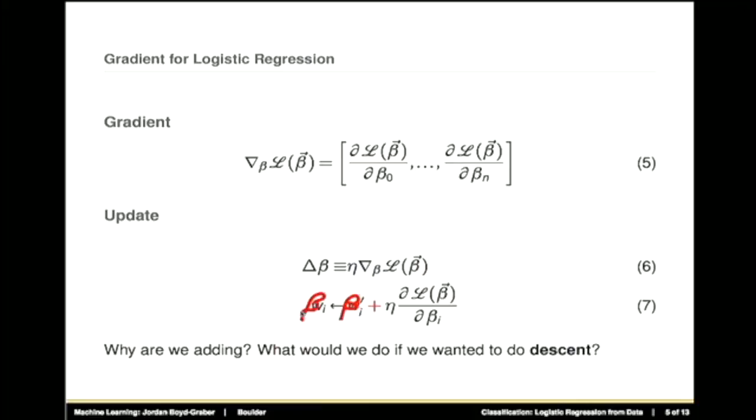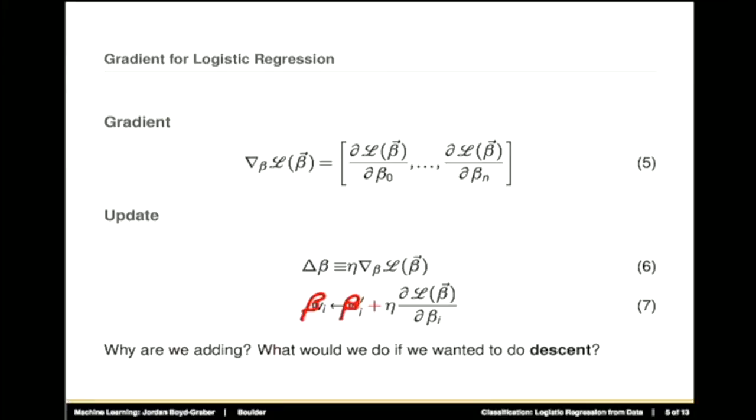Okay, so why are we adding here? Why is this a plus sign instead of, to ask a leading question, a minus sign? Well, in this case, I guess we're doing ascent.